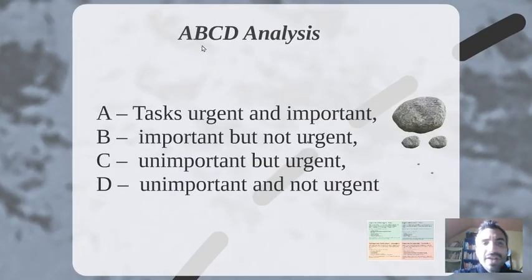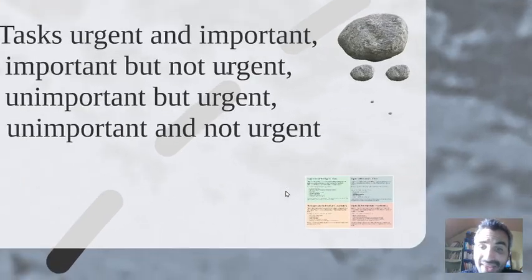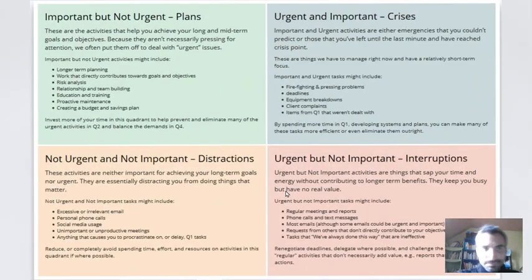Have you heard about the ABCD analysis? I think it's an American president, Roosevelt maybe, who apparently, the legend says, had this kind of matrix to put the A task, urgent and important, B important but not urgent, C unimportant but urgent, D not important and not urgent, and then at the end you have this kind of matrix.